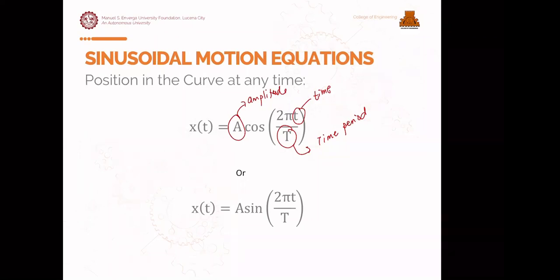So, what we can do is to apply differential calculus. So, kapag nakakita kayo ng displacement function, or let's say for this example yung x(t) is equal to A cosine 2π t over T, pwede natin makuha yung velocity and acceleration natin using differential calculus.